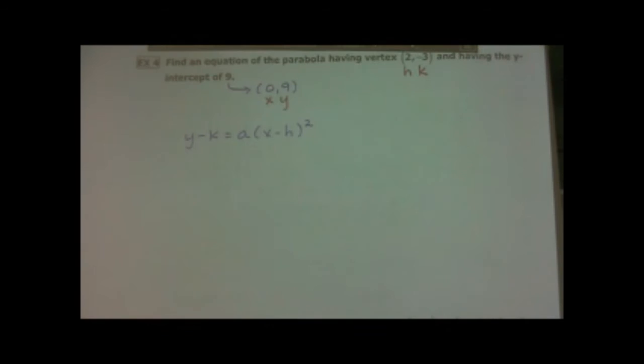So we're going to start with our equation in vertex form, which is y minus k equals a times (x minus h) quantity squared. And we're going to put h and k and x and y into this equation, and we're going to solve for a.